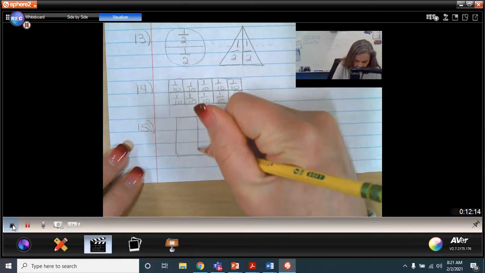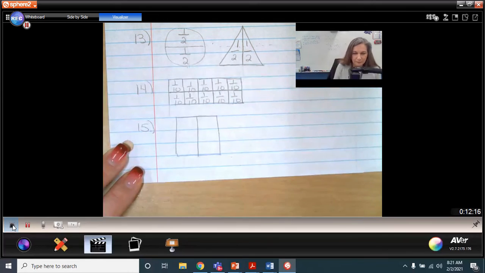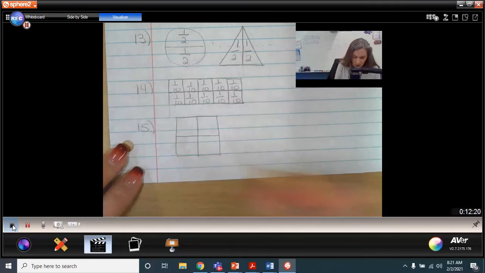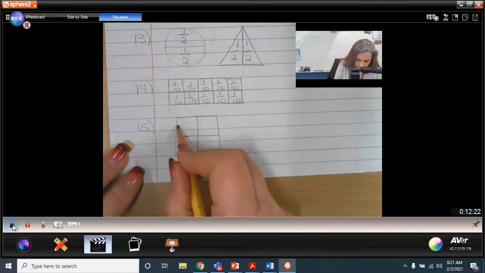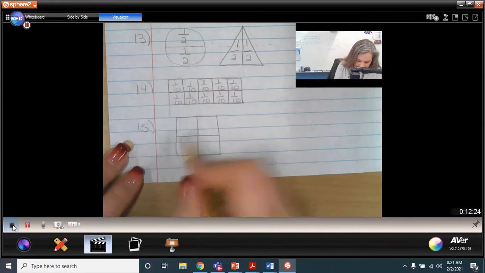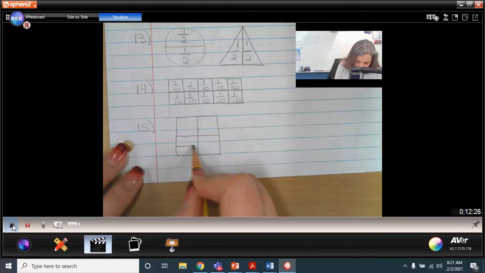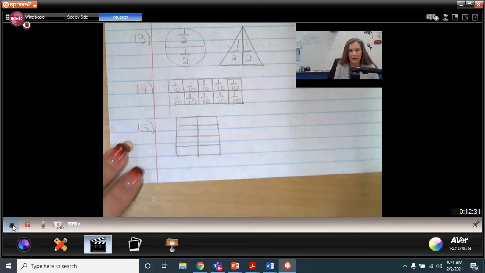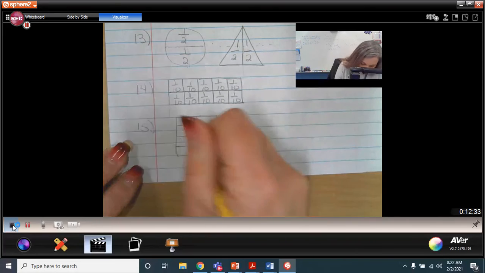Remember, you cut it in half, and then you cut the half in half again to make fourths. Now, once I have those fourths, I can cut those fourths in half once more, and now I have 8 equal pieces, or eighths.